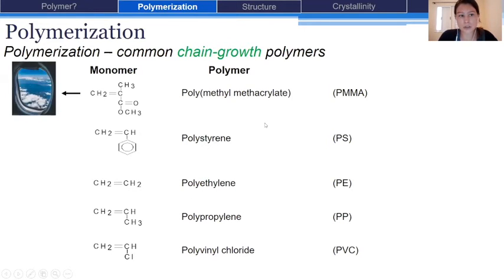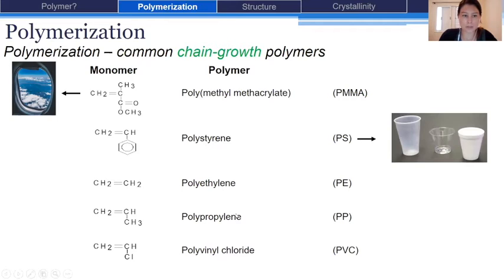This polymer is used to produce the windows that you can find in airplanes. So it is a rigid polymer. With the monomer styrene, as you can see, it has a phenyl ring. After polymerization of styrene, we obtain polystyrene. That is the polymer that is used to create these glasses, but they are not made of ceramic or glass. They are made of polystyrene, of a polymer.